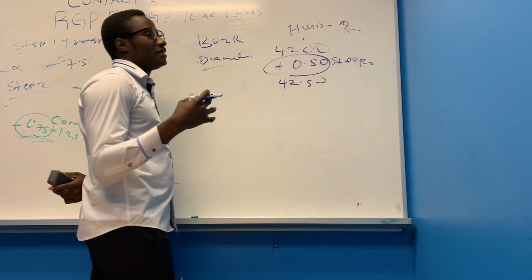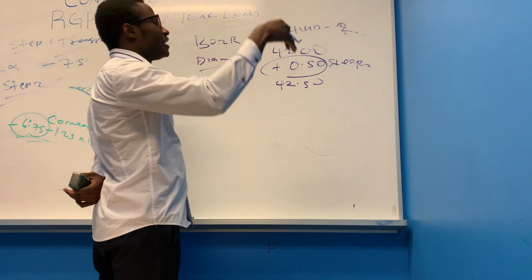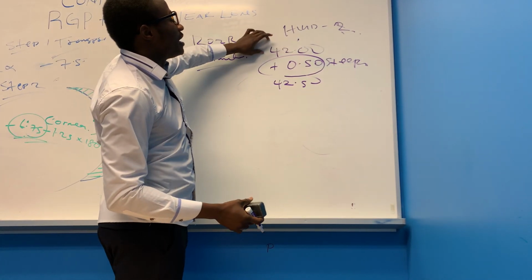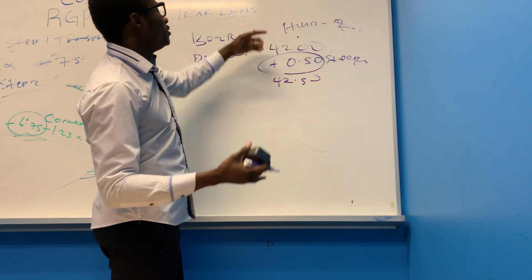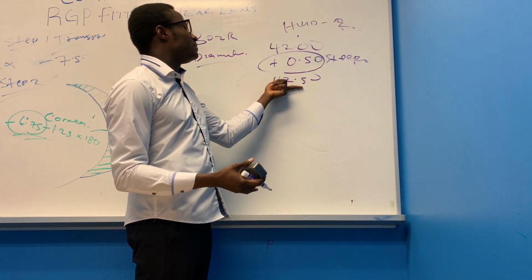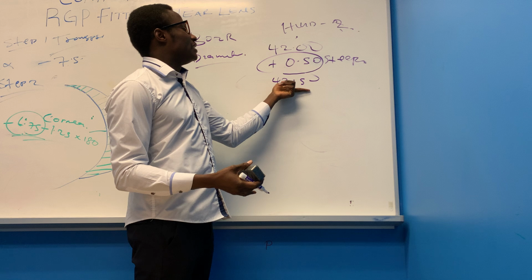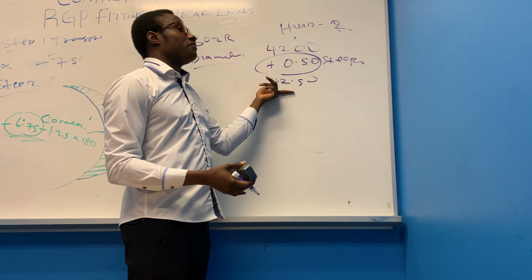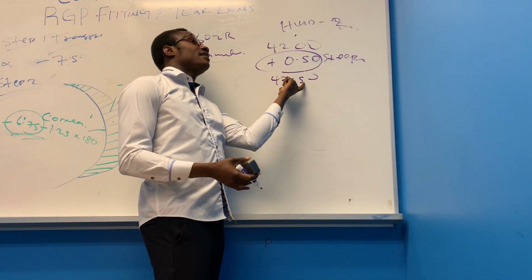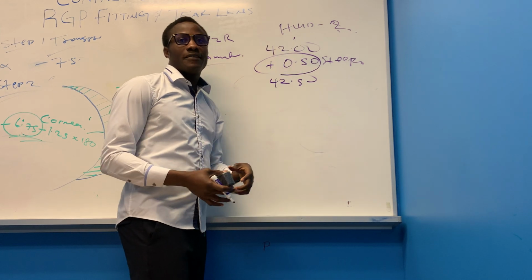So remember, fit 0.5 steeper than K. This is our K1, our flattest K. So we are fitting an RGP lens that is 0.5 steeper than this, which is 42.50.